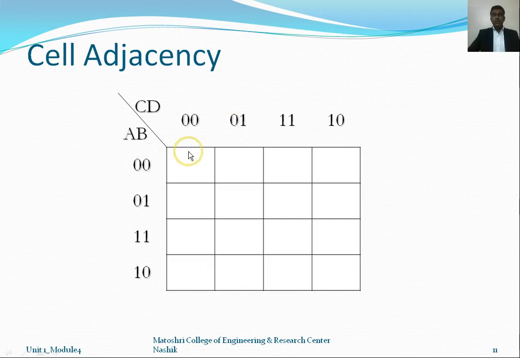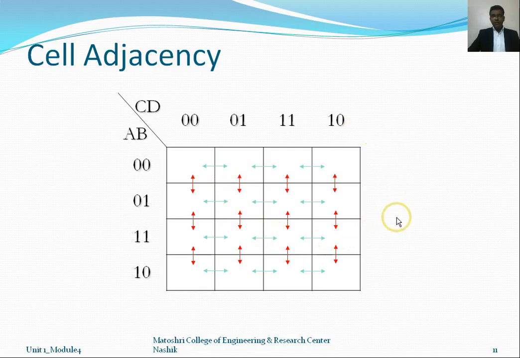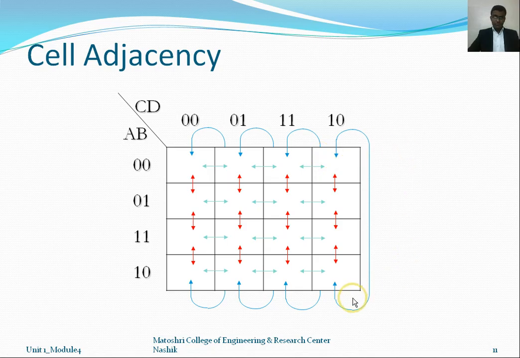Only vertical or horizontal cells are adjacent to each other, and one very important cell adjacency is corner to corner, because this cell is adjacent to this bottom side cell, as the K-map is infinite and continuously carried out.